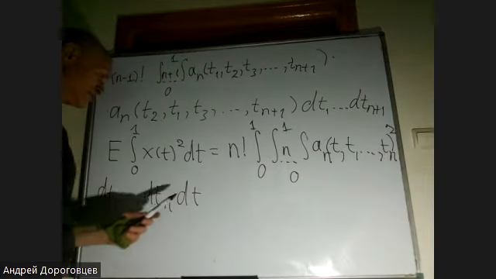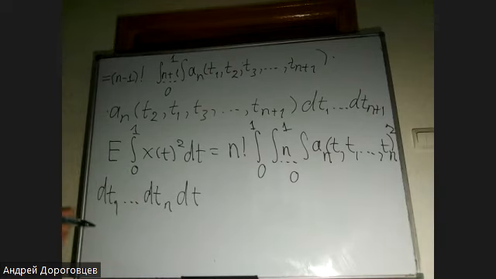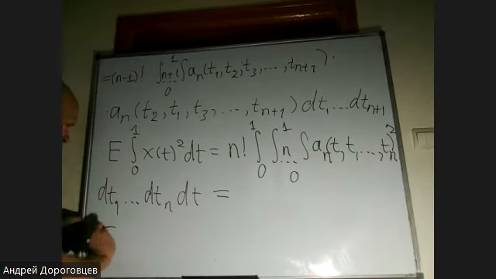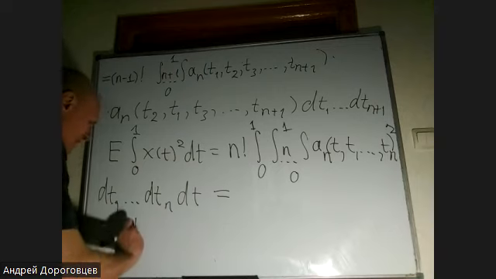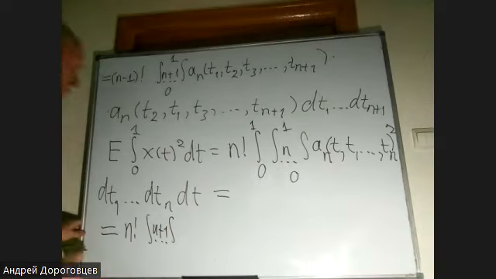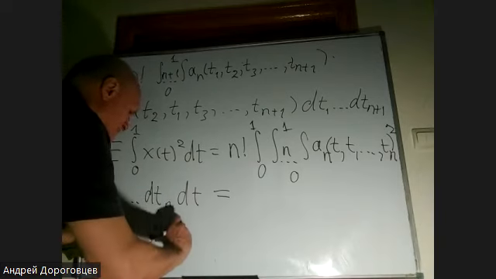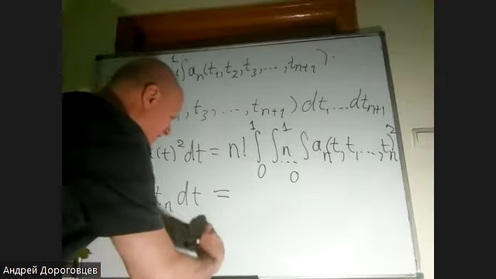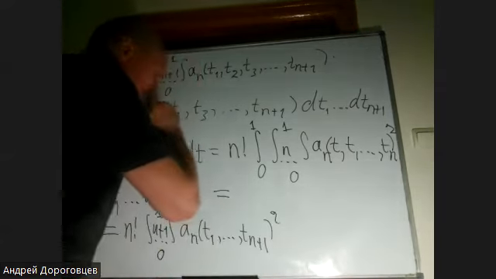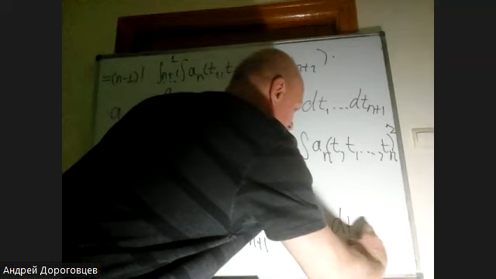Then I will denote this variable t as t1, and after we change such notation of variables, we will get the formula n factorial, and here is again n plus 1 times the integral from 0 to 1 of a_n(t1, ..., t_{n+1}) squared dt1 ... dt_{n+1}.